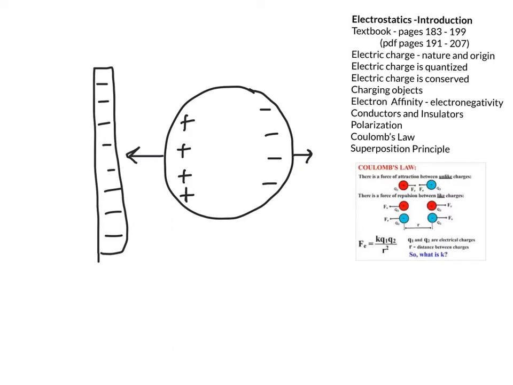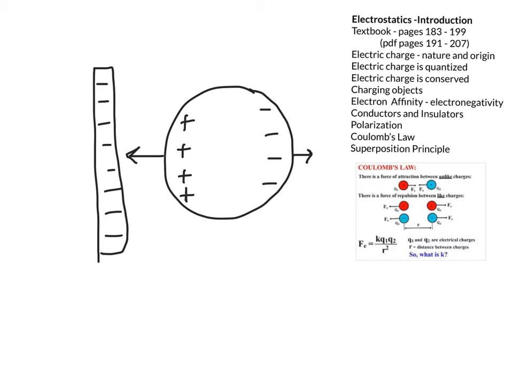But when we do this in class or in lab, you'll see the can, or the sphere, attracts to the rod. And the reason is this side of the can is further away, and so the force of repulsion on the far side is weaker than the force of attraction on the near side.